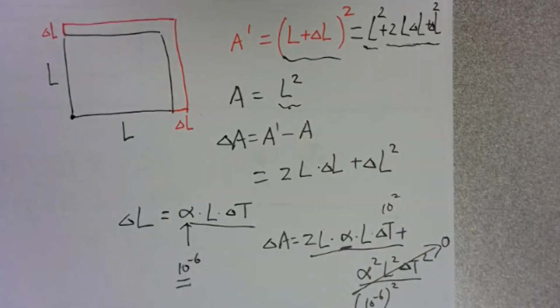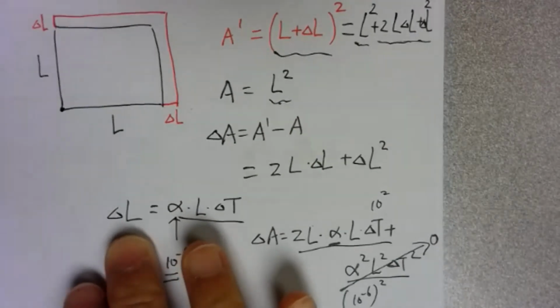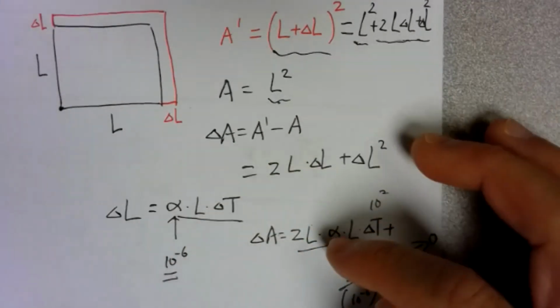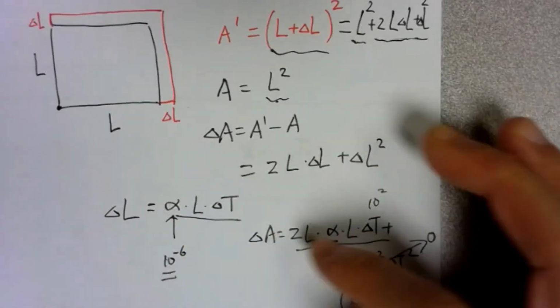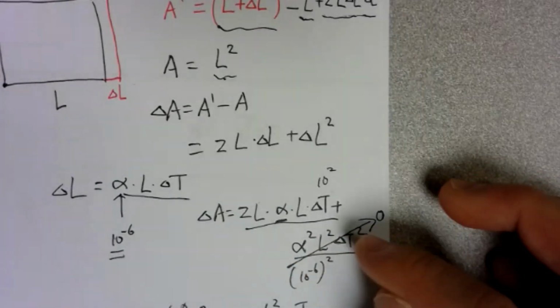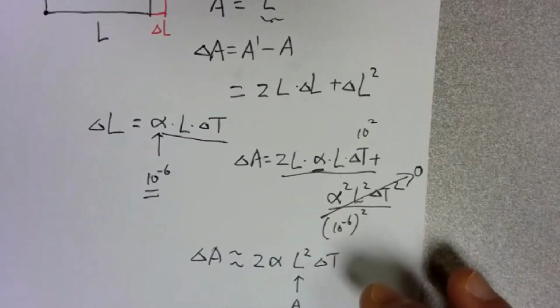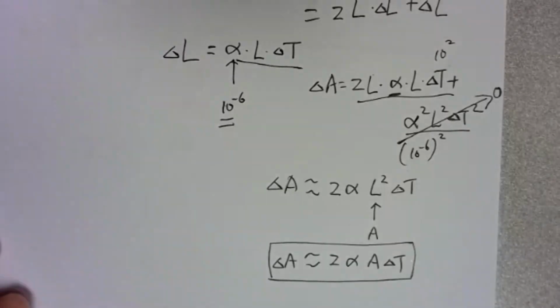So then delta L, the change of length in one dimension, will be alpha times L times delta T. So this guy, you take delta L as that, substitute there and there, you got this, okay? And then ignore the higher order, smaller terms, you get this guy. So that's how you actually get this as your conclusion.